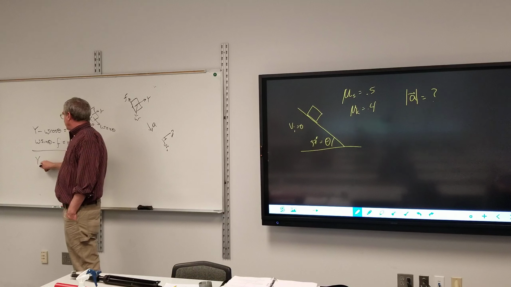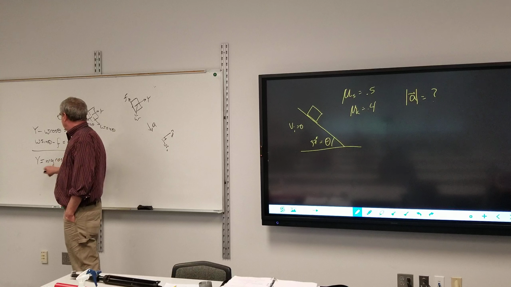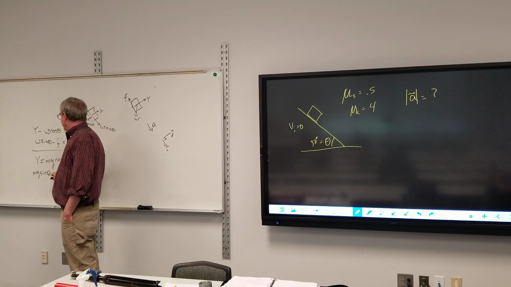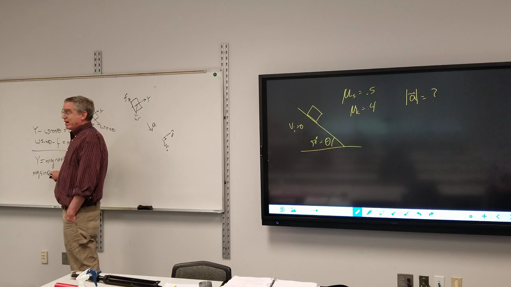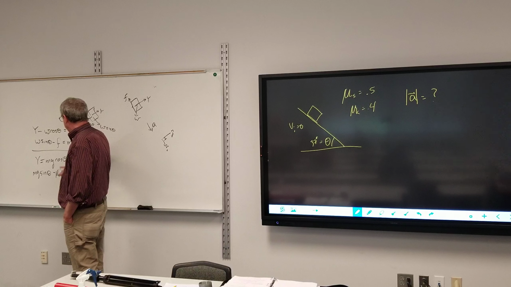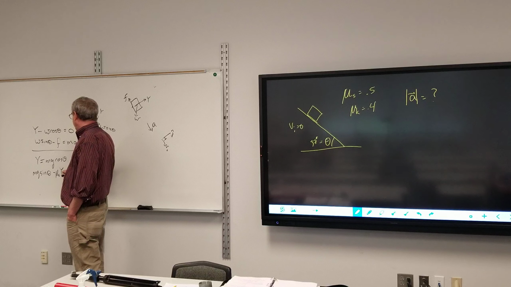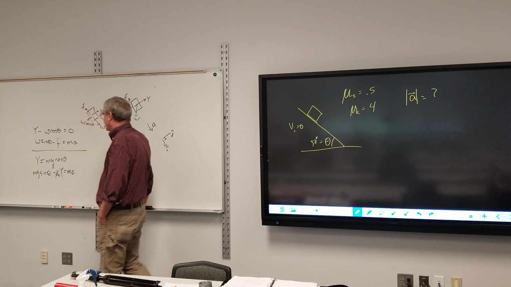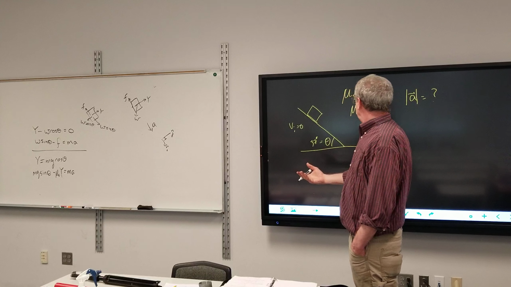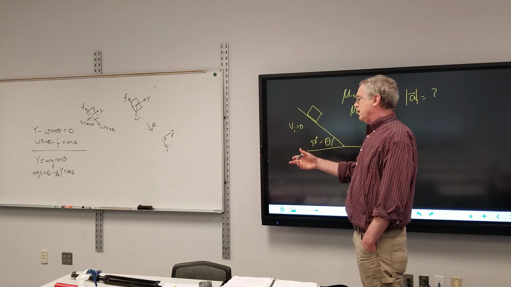So I know N equals mg cosine theta, mg sine theta minus, well, maximum static, mu s N, that is wrong, thank you, mu s N is equal to mA. And now we're solving. I know theta, mass will end up canceling out.